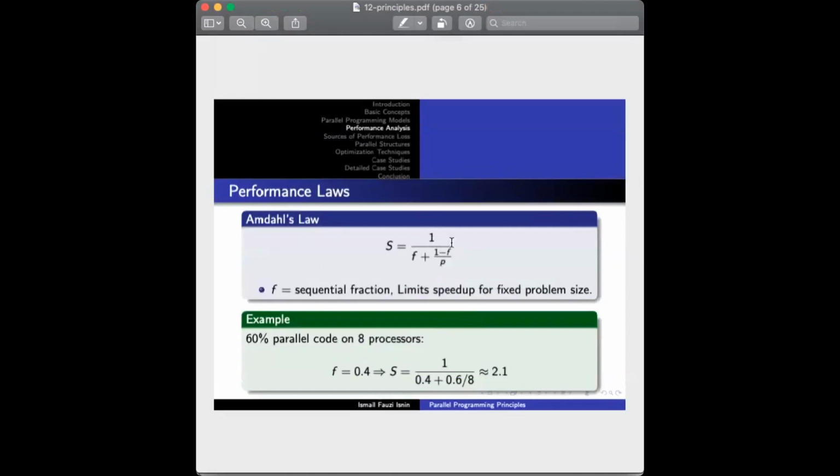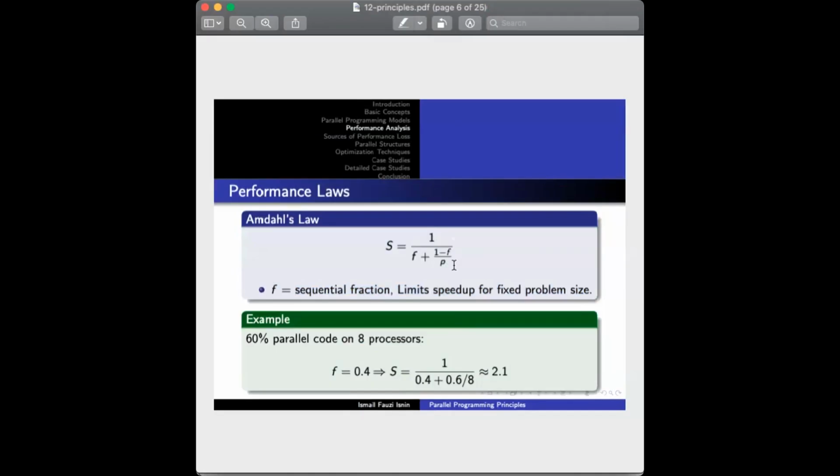In this equation, F represents the strictly sequential fraction of our code, and P is our total number of processors.